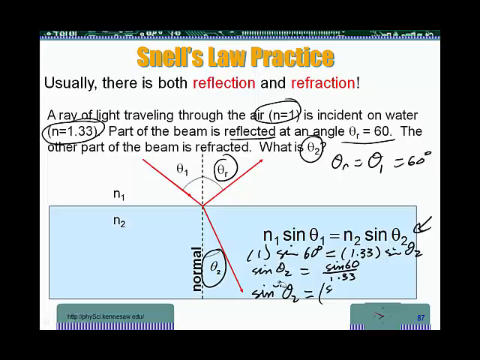I made a mistake here. Let me erase this. So theta sub 2 is sine inverse of sine of 60 over 1.33. Okay, and then if you have your calculator set in degrees, you should find this at 40.6 degrees. Okay, so that's our example.